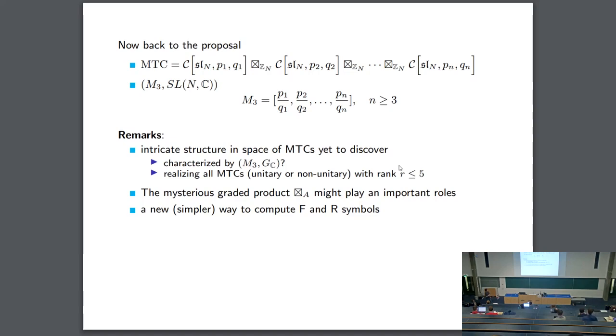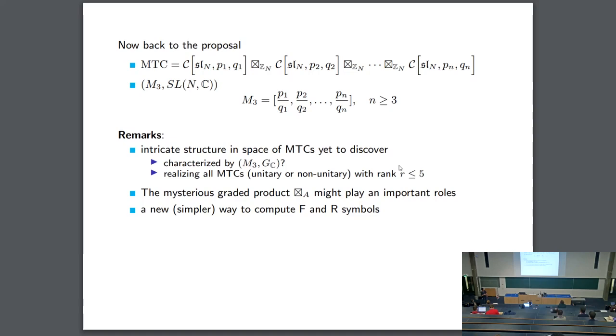You can ask, this is a very contrived construction of MTCs, so how general is it? Because this is rather well understood, we just plug in numbers and compare to the list of classifications I showed you earlier, to see which MTCs can be constructed this way.